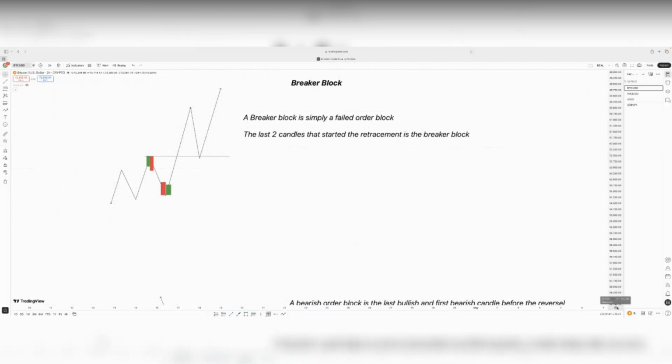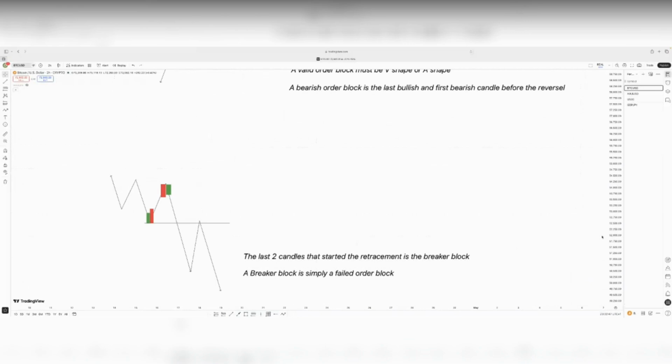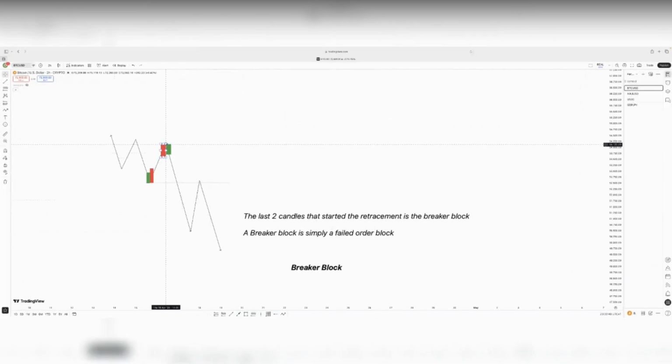Same goes for bearish order block and bearish breaker block. Even though I did not explain this, you should understand. Same thing, the only thing that changes is the candlestick difference. I hope you are getting it.